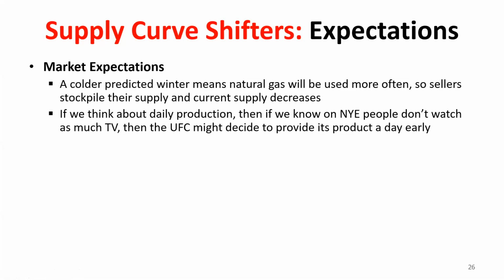Oh, and a lot of the discussion at times is about the expectations of what people are doing on certain days. So if I schedule a game, I think the example I have here is that people aren't as likely to watch a sporting event on New Year's Eve as they might be the following day, right? People might be more likely to be out and about on New Year's Eve as opposed to New Year's Day.